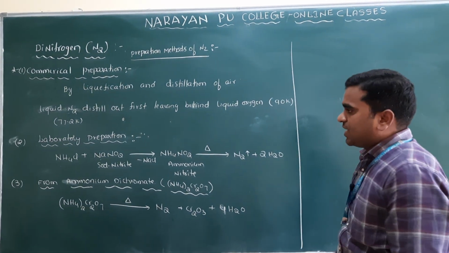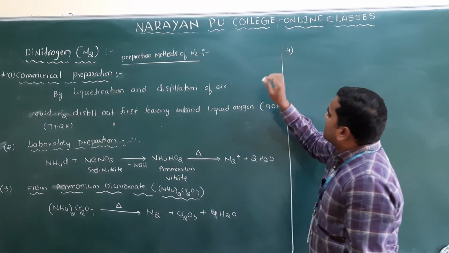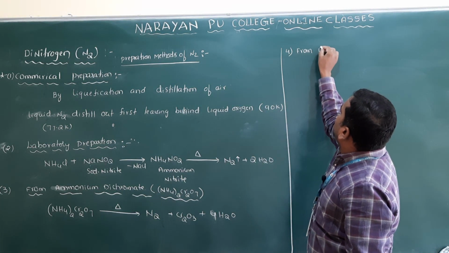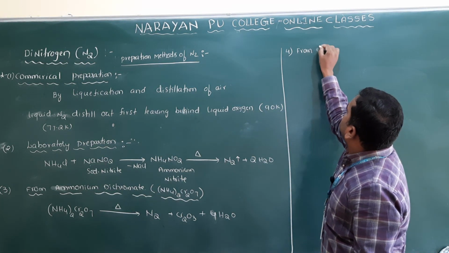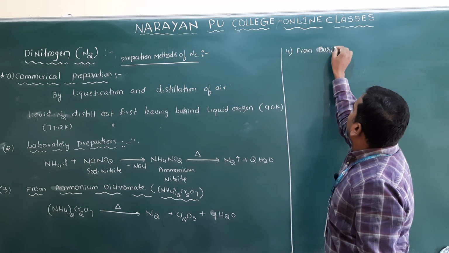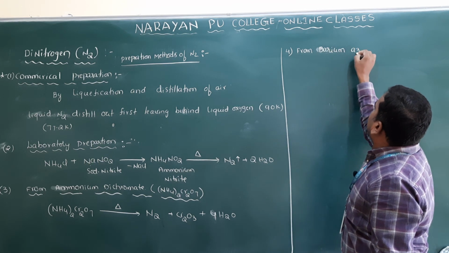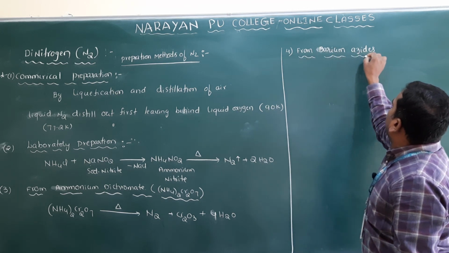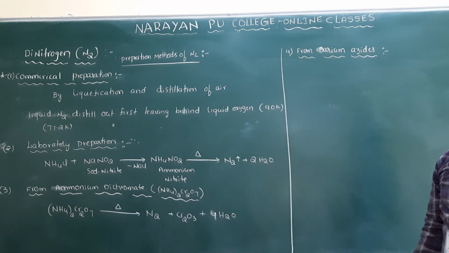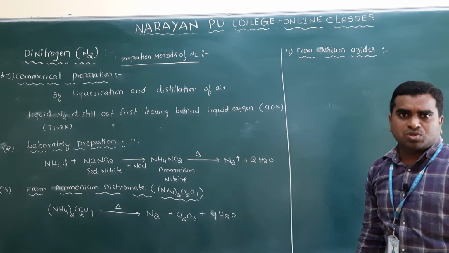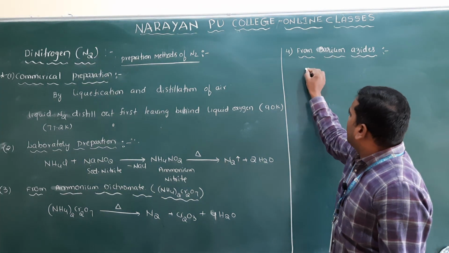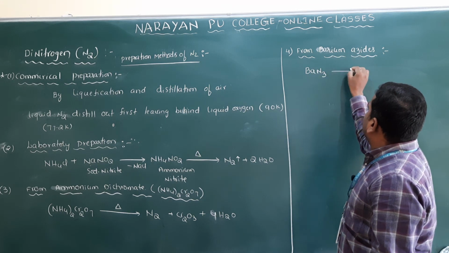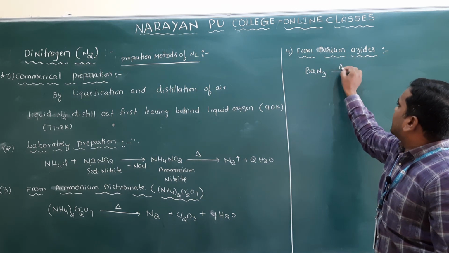And the next preparation, the fourth one, is similar, from barium azide. You know barium azide, or you can take sodium azide also. Thermal decomposition of azides produces nitrogen, just heat it, clear?